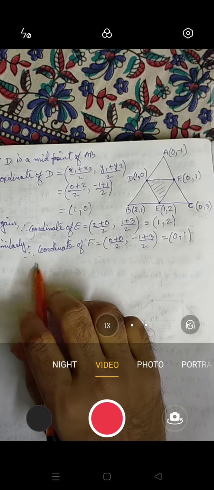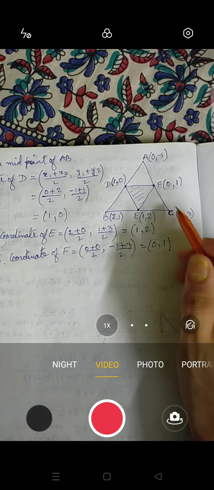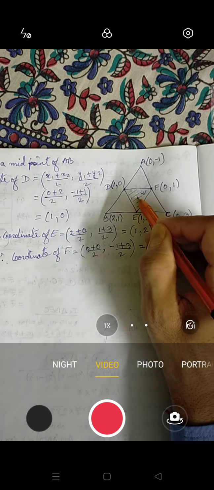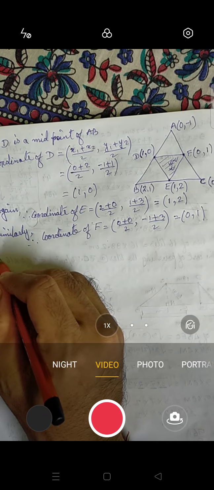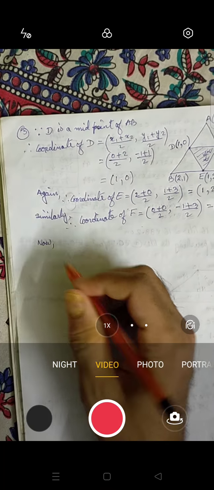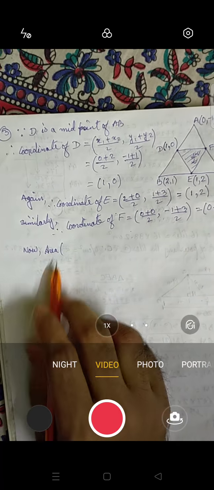Okay, so we got the coordinates of D, E and F. All we got. Now we need to find the area of this triangle. We already know the coordinates, so we can find the area now. We can directly write AR also. No need to write area of triangle.